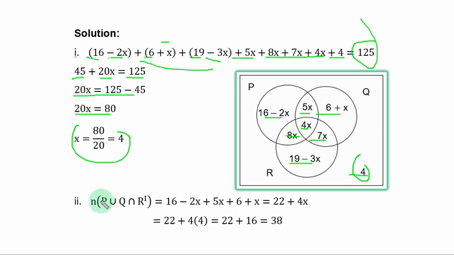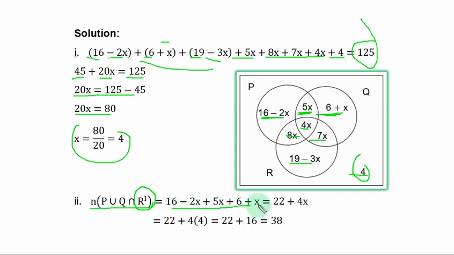Roman figure 2, number of elements in P union Q, intersection arrow prime. That is having no business with arrow prime. Now this is P only, this is Q only, this is P and Q. So the union of P and Q is addition of only P to only Q to both P and Q, and that is what you have here.